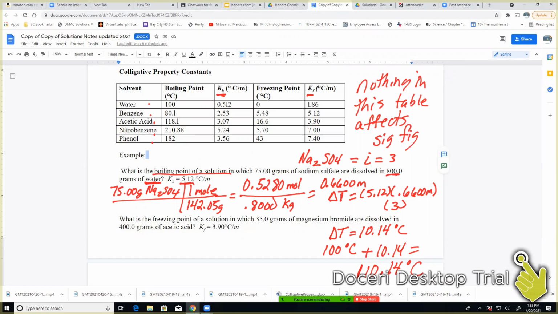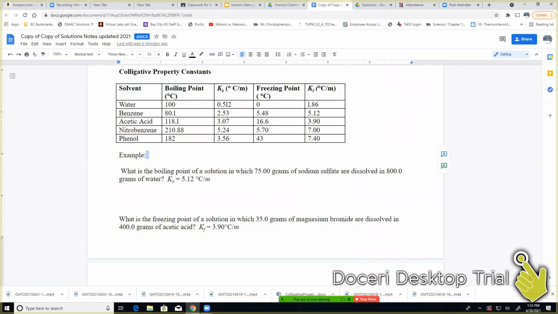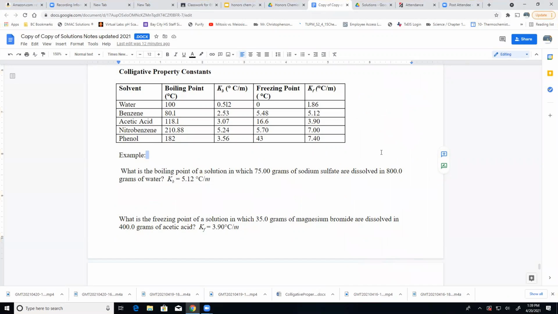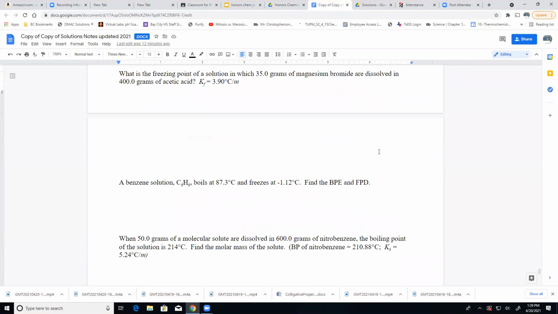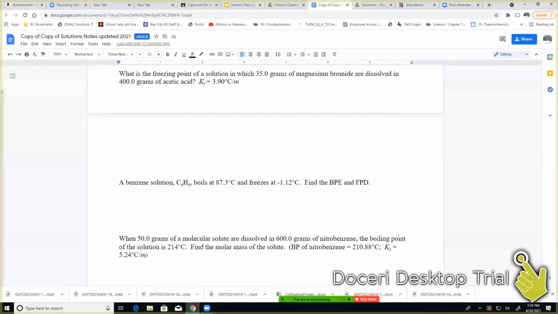All right, so let's take that one out. I think we have time to look at one more. The one below it is pretty similar, except instead of boiling, I'm freezing. And I think I have a different solvent.